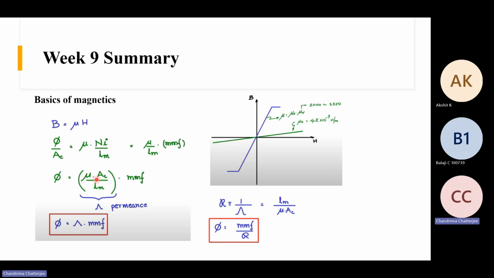So phi is mu Ac by Lm times mmf. This quantity, mu Ac by Lm, is called permeance. The reciprocal of permeance is called reluctance. So phi is permeance times mmf, or phi is mmf by reluctance.